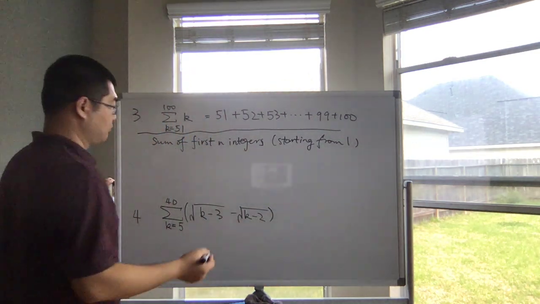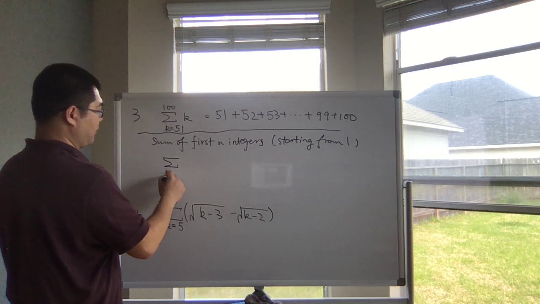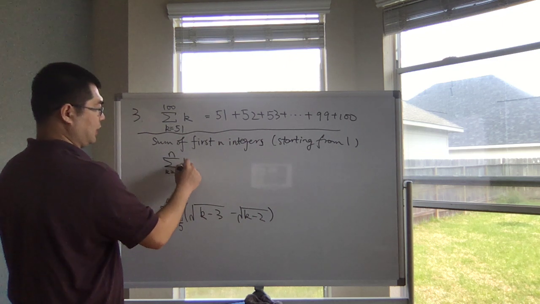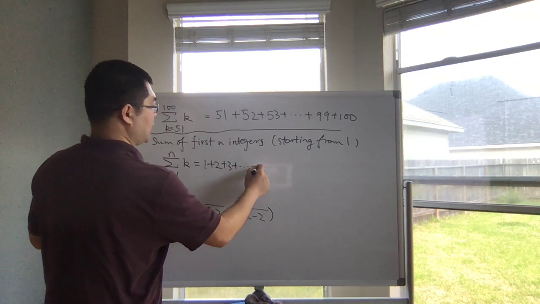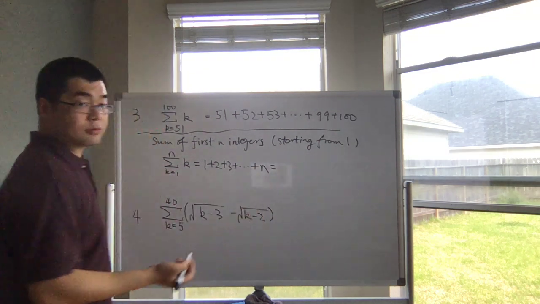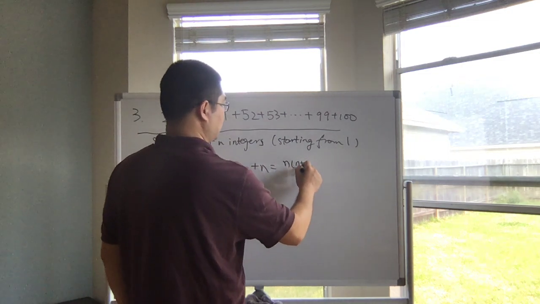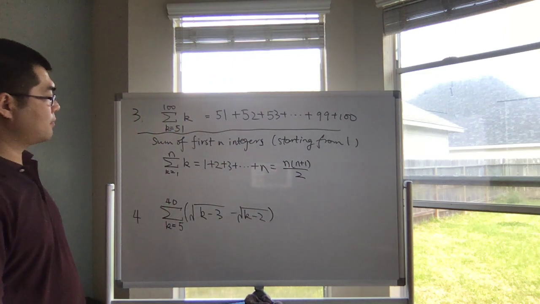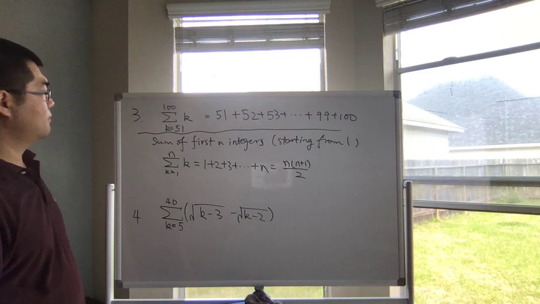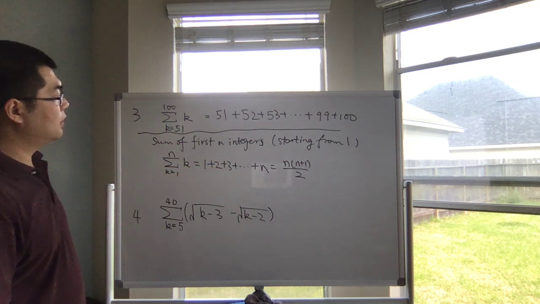In other words, if we are adding summation k from 1 to n of k, which is 1 plus 2 plus 3 plus up to n, we introduced that formula, which is n times n plus 1 over 2. So that's what we already discussed.